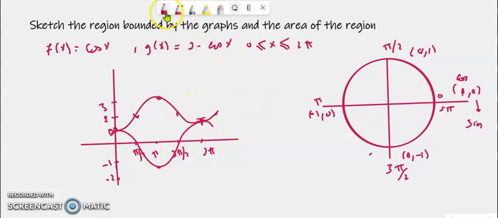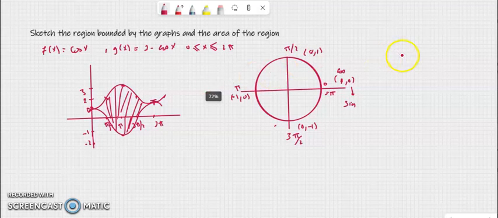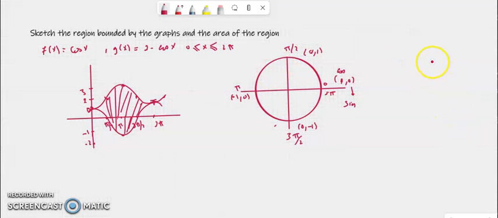Now, he wants to know the area of the region between the two curves. So he wants to know this area, all this area here. So let's get the area. We're going to set up the integration equation.